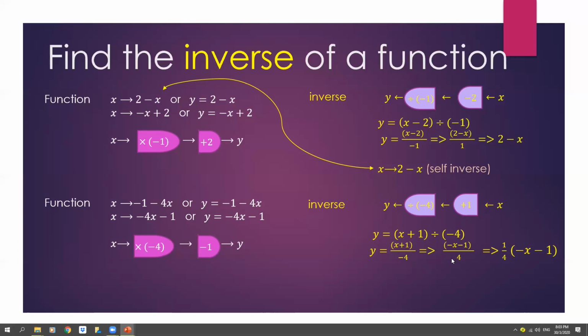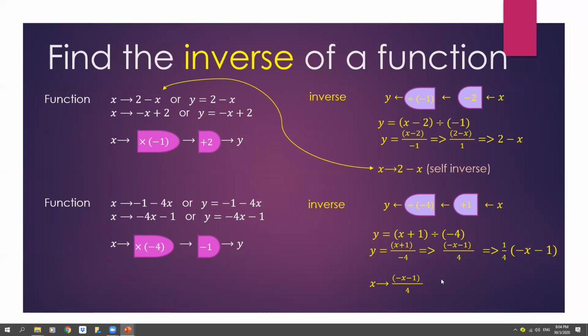If I change to positive 4, the original positive on top here becomes minus and minus. All right. So you can write this as your answer, or you can change it like that. Divide by 4 means times 1 over 4, then brackets just put at the back here. You can write in this way or this way, it doesn't matter. So in a mapping way, this is the answer. I prefer to write in this way because it's understood as negative x minus 1, divided by 4. This is the answer.